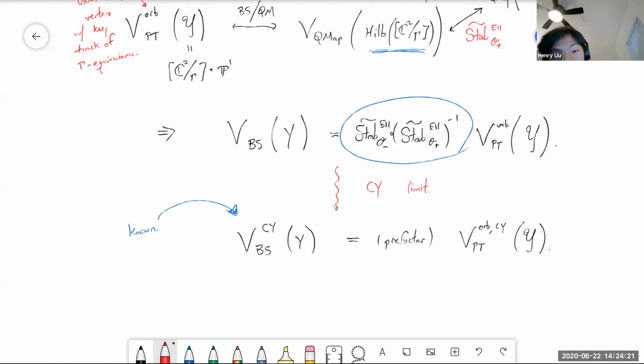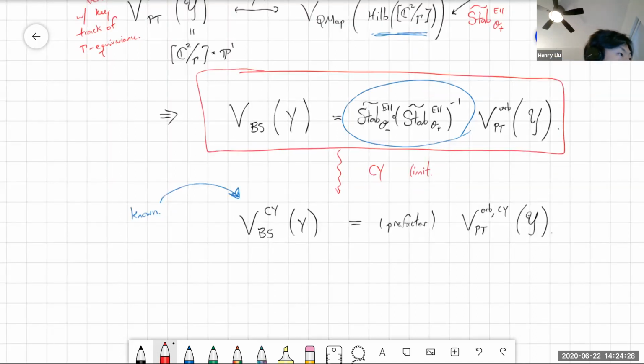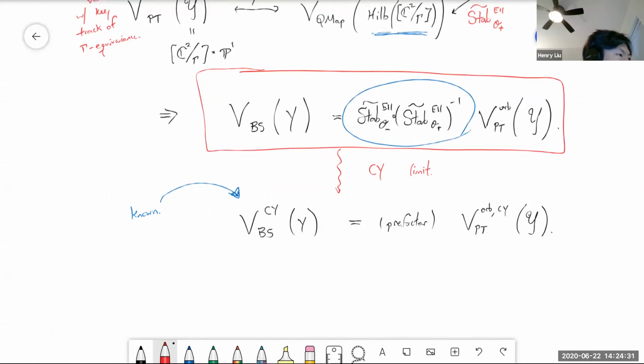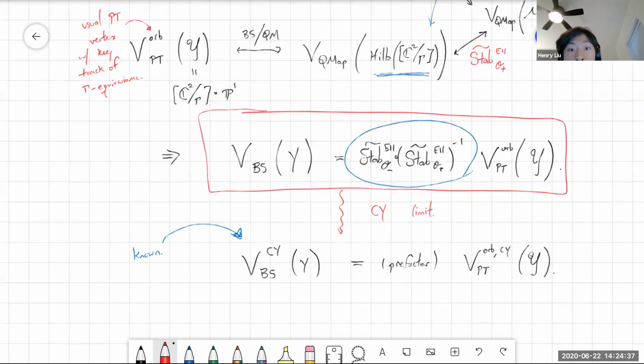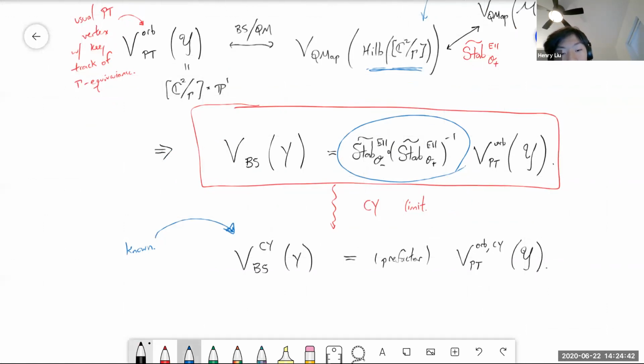But I don't know if this has been written down anywhere. Okay. So maybe, actually, maybe I should say that from this perspective, it's actually very easy to give a proof of this statement. Completely, well, not completely independently, but it's very easy to see how this arises.